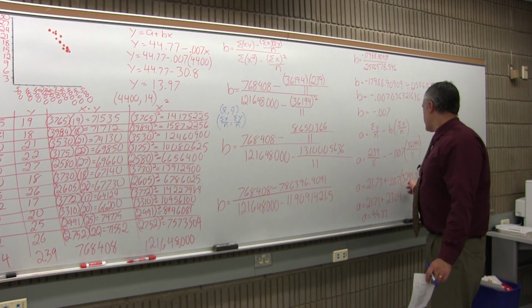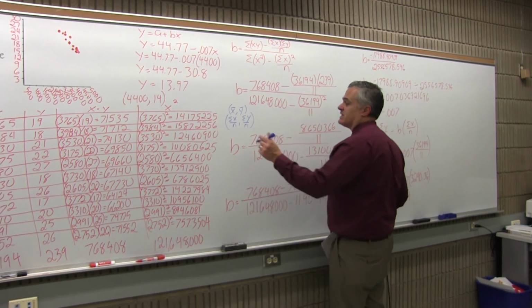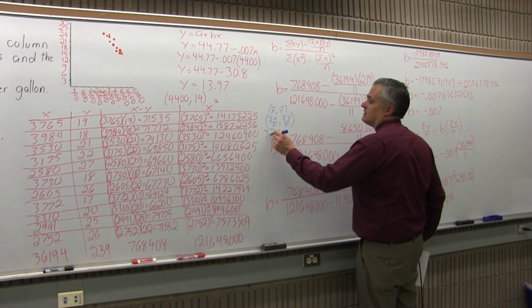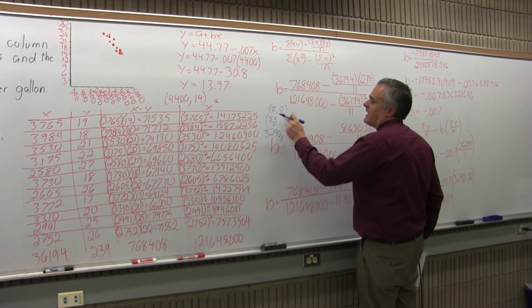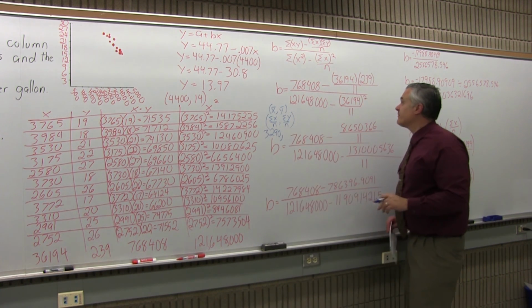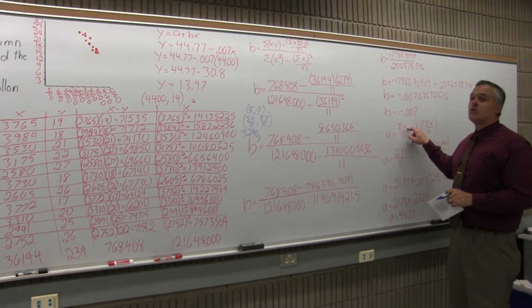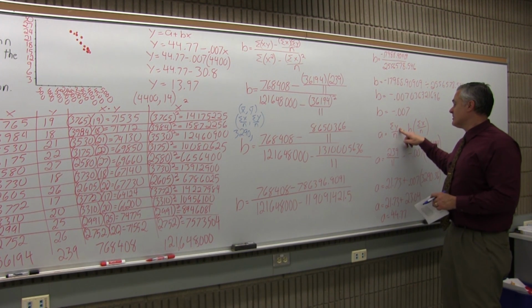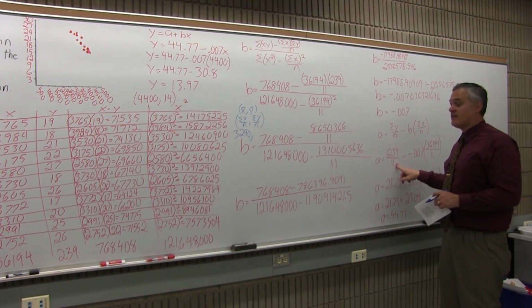So the x coordinate is 3290.36. We don't really need the 0.36. We can round it off in terms of the graph. Average of the y values, or total of the y values over n. Oh, look, total of the y values over n. I did it like 2 minutes ago. It's 239 over 11. I did the division.